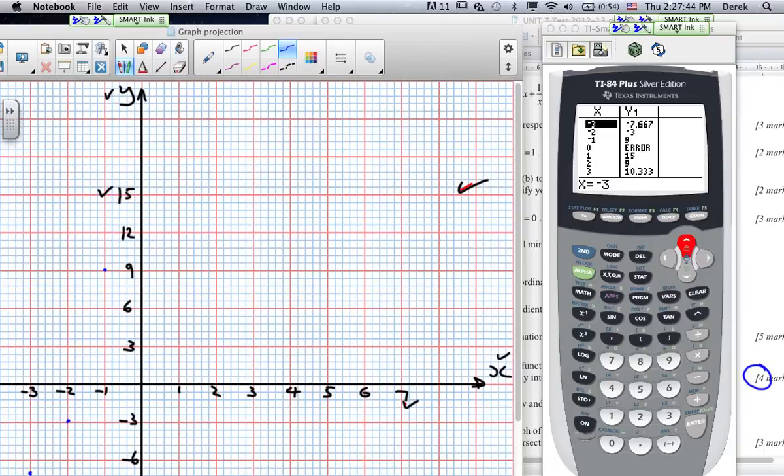And so we see that we're going to be going through the x-axis somewhere there. But let me go on to the other side, which is the easier side.